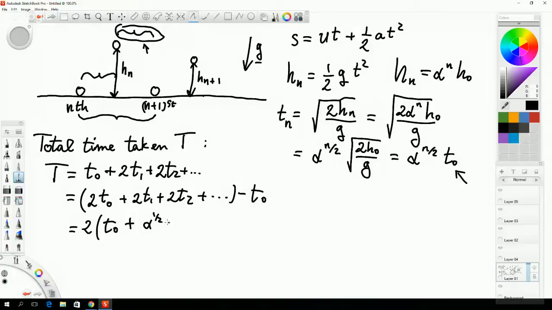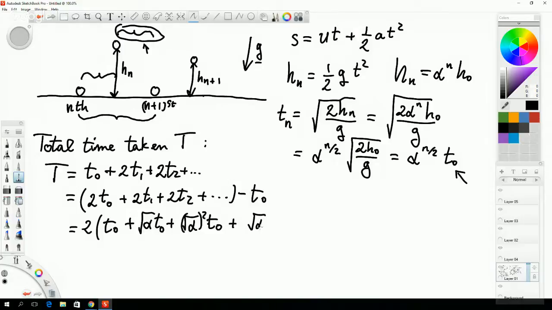square root of alpha, and then square root of alpha squared for t2. Sorry, I forgot to write the t naught earlier on here, and I need another t naught here.